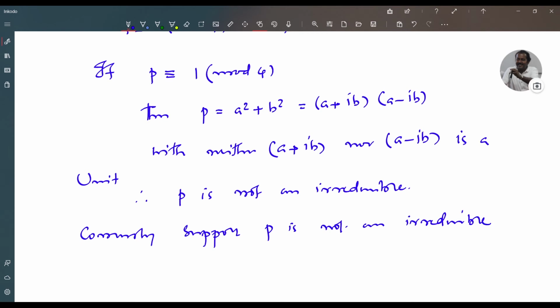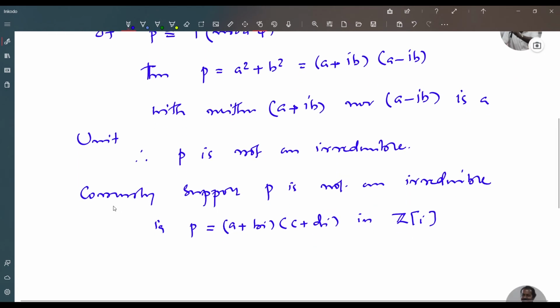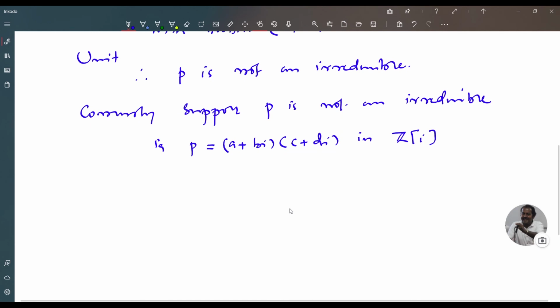That is, p is equal to (a plus bi) into (c plus di) in Z[i], where n of (a plus bi) and n of (c plus di) are not equal to 1, where a plus bi and c plus di are non-units.